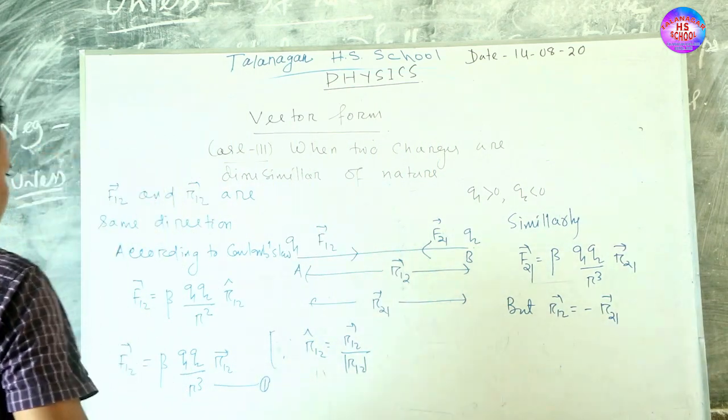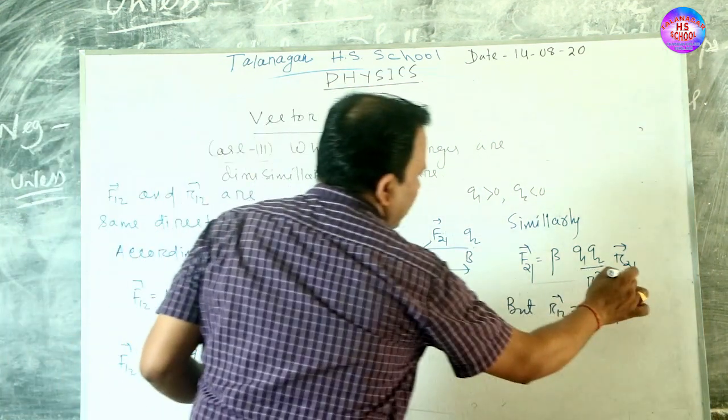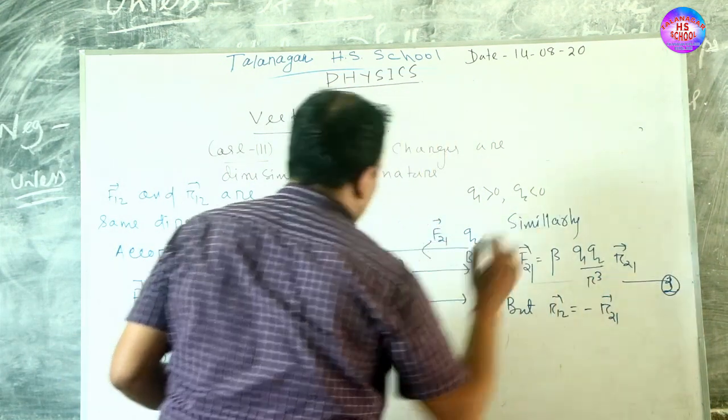R12 is the negative of R21. This is equation 2.